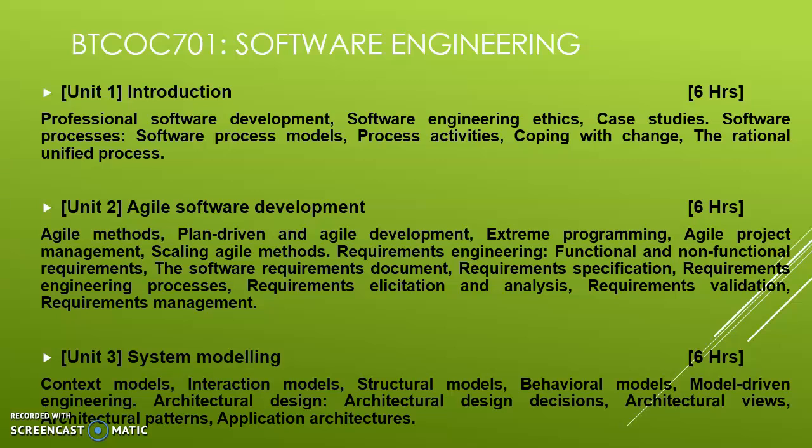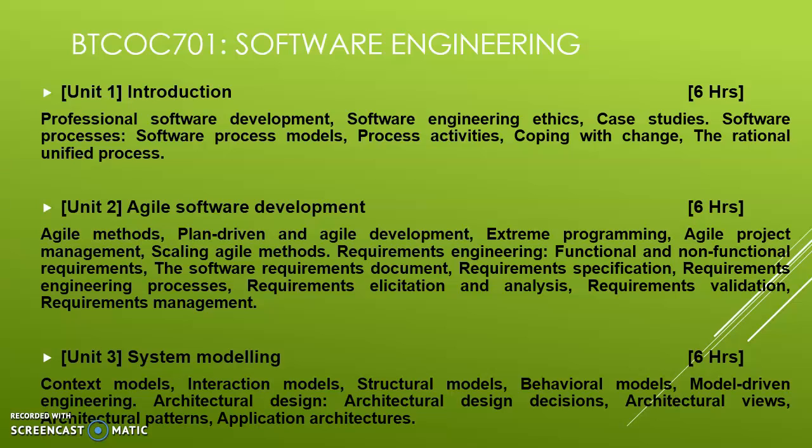The second unit talks about agile software development. So what is this agile software development? Agile is the term used to describe approaches to software development that emphasize incremental delivery, team collaboration, continual planning and continual learning. Generally agile software development tackles frequent change in software development.